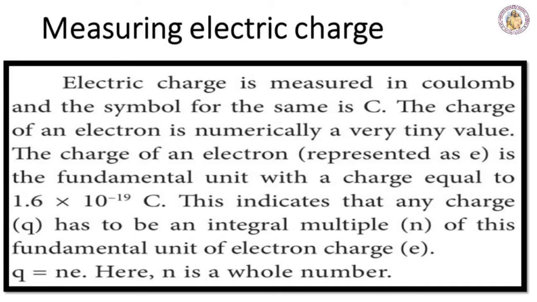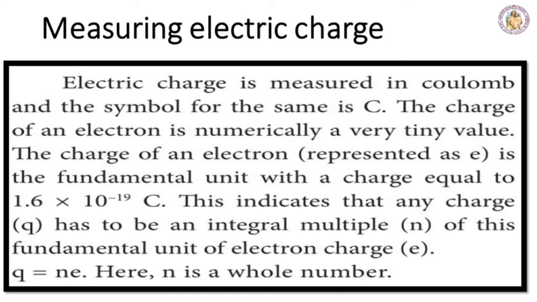Measuring electric charge. Children, we already know that for length we use the unit meter, kilometer and so on, and for time seconds, hours, and for mass kilogram. In the same way, electric charge is measured in coulomb and the symbol for the coulomb is C. The charge of an electron is numerically a very tiny value.